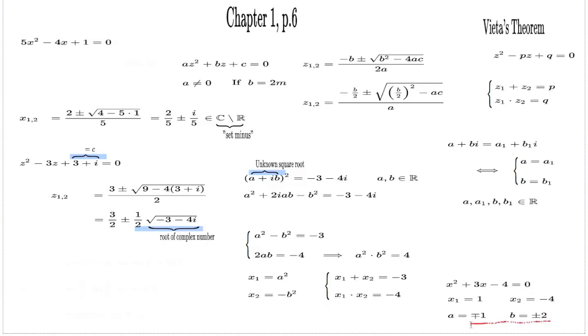So the choice of negative sign for A will go only with the choice of positive sign for B, and the positive choice for A will go with the negative choice for B. The reason for that is this relation. This relation in particular tells us that A and B must be of opposite signs. That's the only chance for the product of two numbers to be negative.